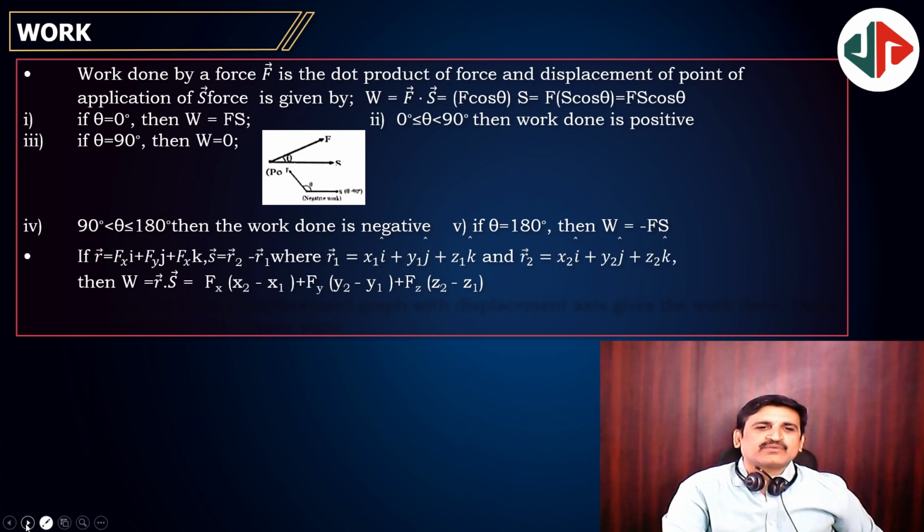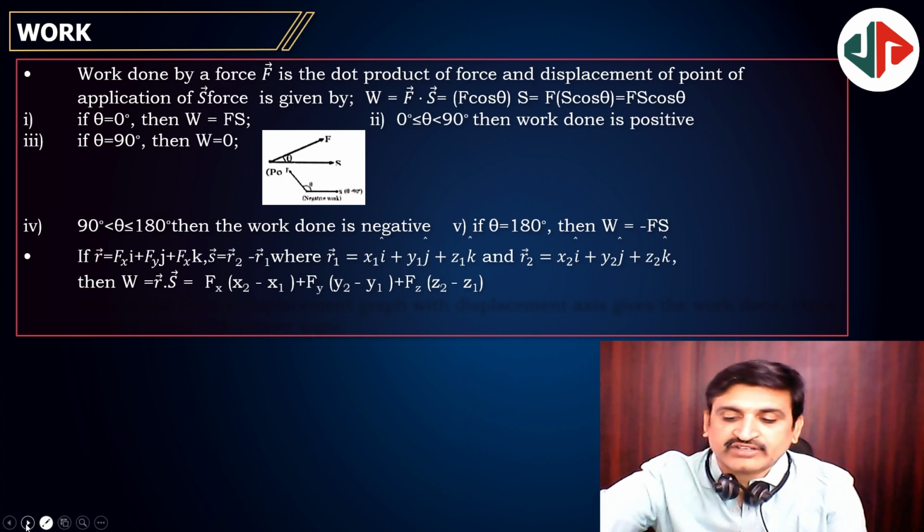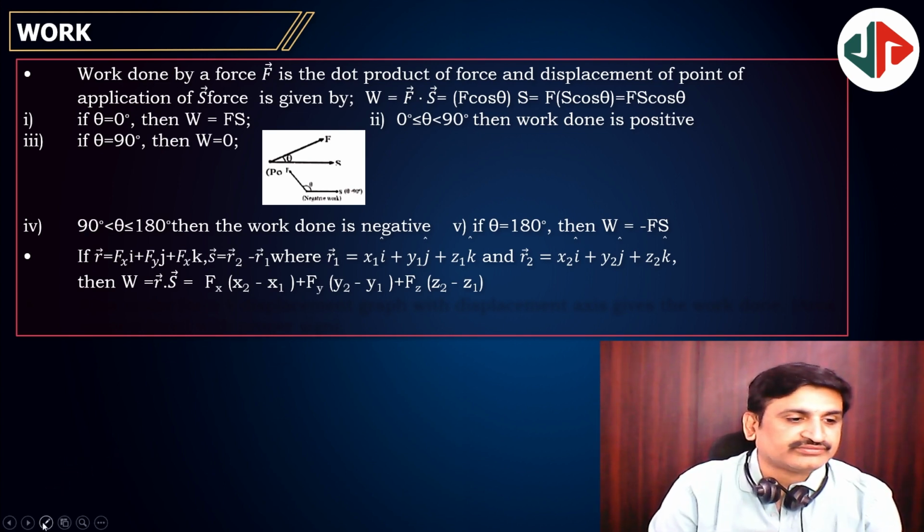Suppose the displacement is given in the vector form, like r1 bar is the initial position and r2 bar is the final position, then F bar dot s bar will give you work done. Here a small change I would like to make, that is F bar dot r bar.